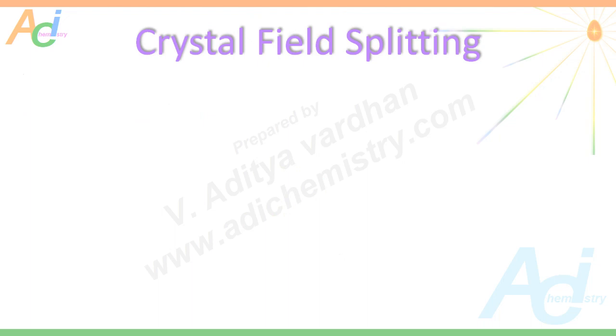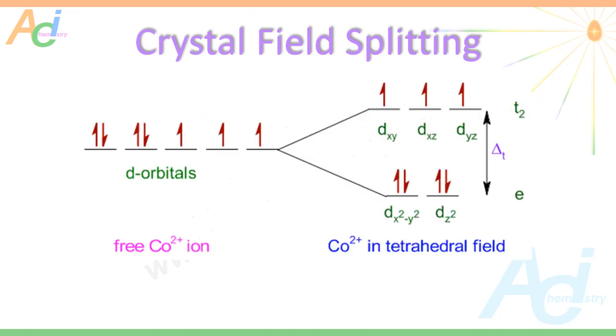Let us now apply crystal field theory to this complex. In the free Co2+ ion, the d orbitals are degenerate, that means they have same energy, whereas in the tetrahedral field, the d orbitals are split into 2 different energy levels.